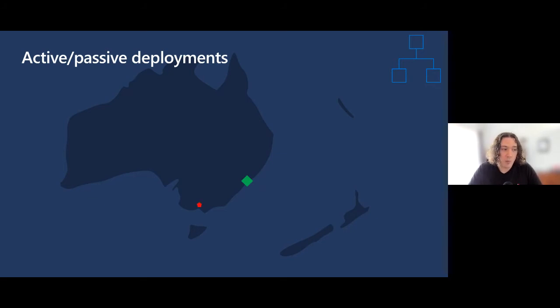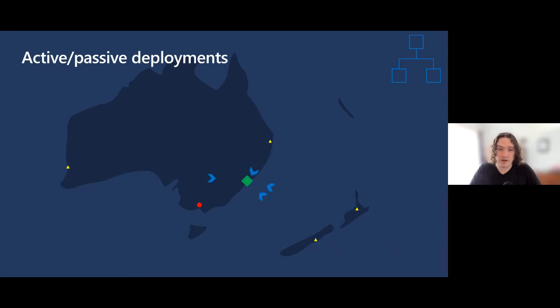Now, one thing that Fourth Coffee could do if they wanted to have some level of resiliency against disasters is to add a second deployment in another region. So in this case, they might pick Australia Southeast, which we've got here as a little red box. Now, in normal operation, when everything is working as it should, all of our traffic will go from our users, wherever they are, Australia, New Zealand, doesn't matter, they will go to Australia East.